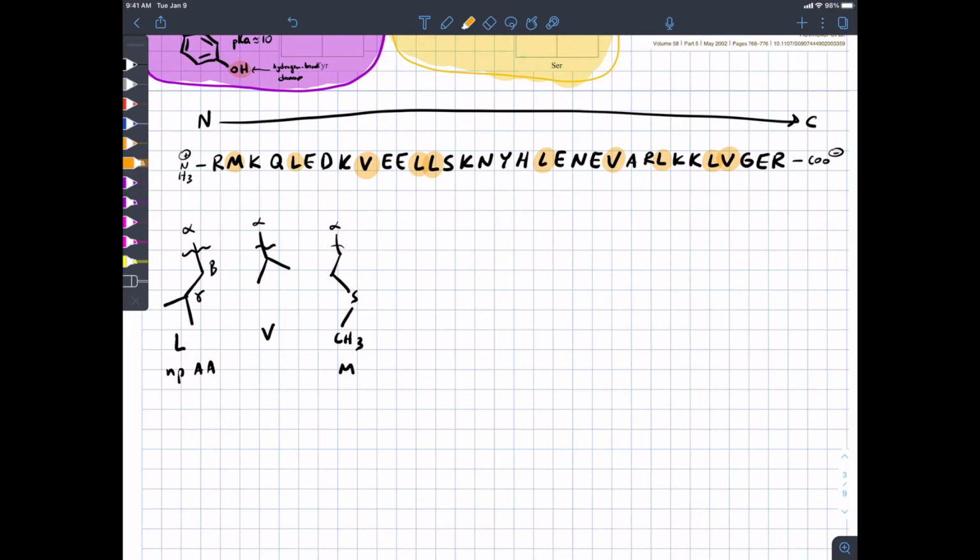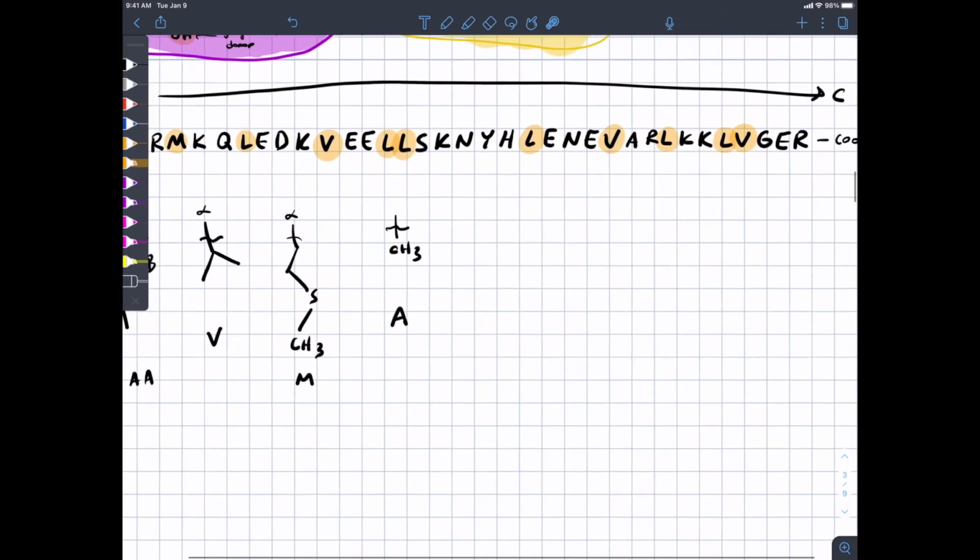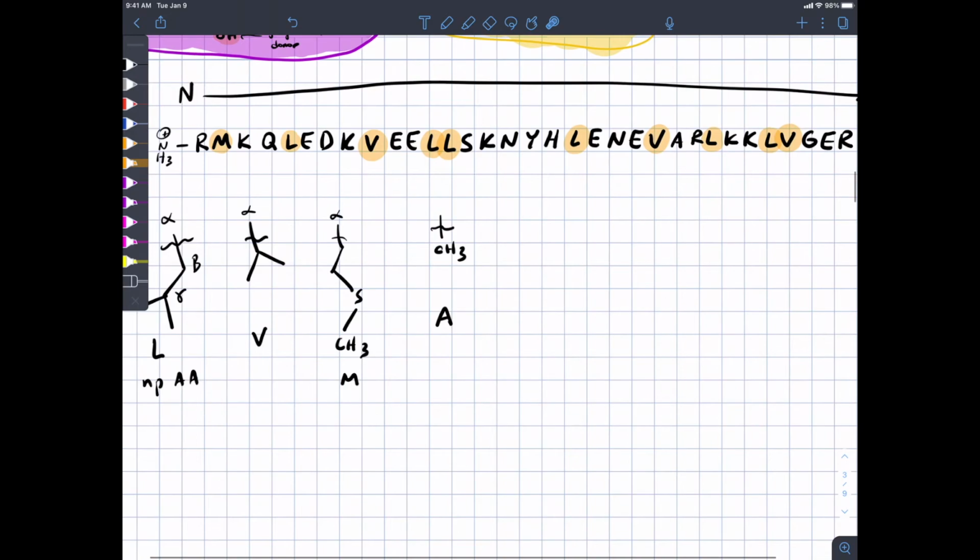It is nonpolar, but it's way less nonpolar than the others. And so we won't think of it as being as nonpolar as the other ones. Okay, so let's talk about nonpolar side chains.